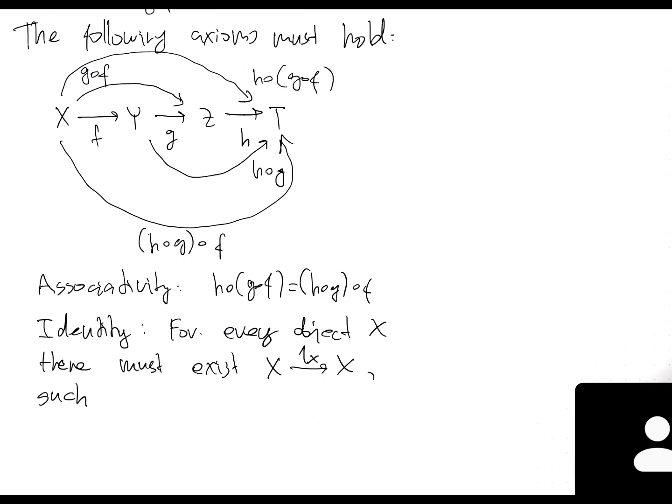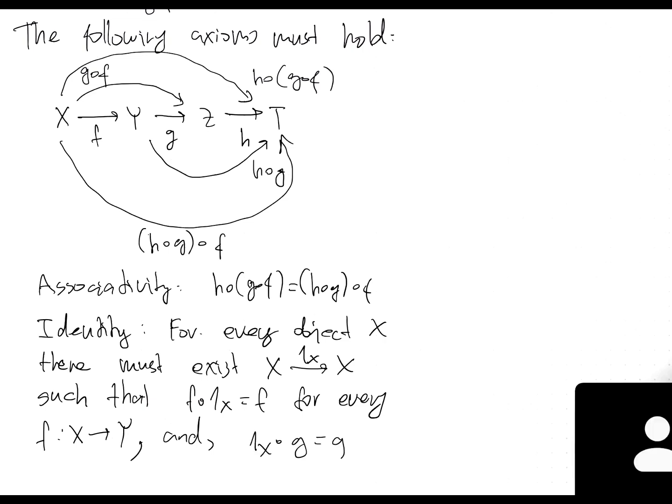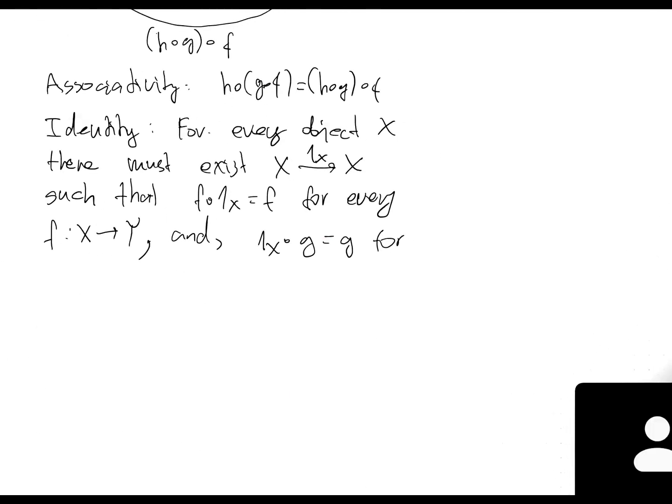There must exist this identity morphism, that's how we call it, such that F composed with identity is always equal to F for every morphism F that goes out from X. And at the same time, identity composed with G must always equal G for every G that goes into X. So that would be a G that goes, let's say, from W to X.